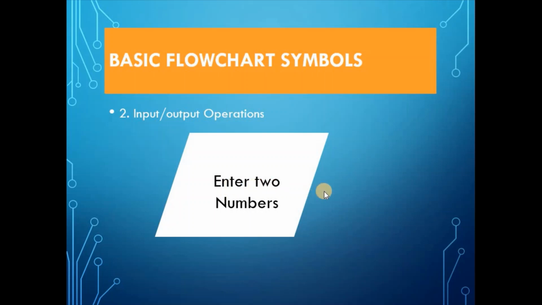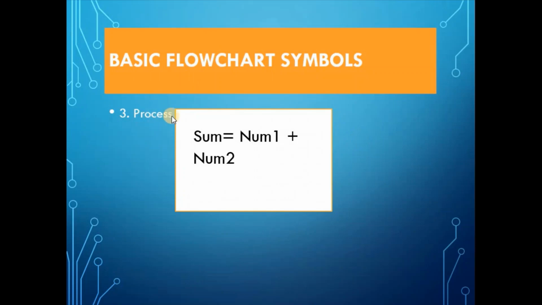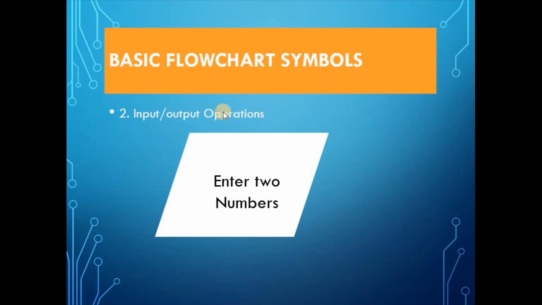Using a calculator as an example, we normally enter whatever number it is that we want to find, and where the output is concerned, we will either be finding the product, the sum, average, etc. The symbol that is used for the input/output is referred to as a parallelogram, and as you can see, it is the slanted version of our square.